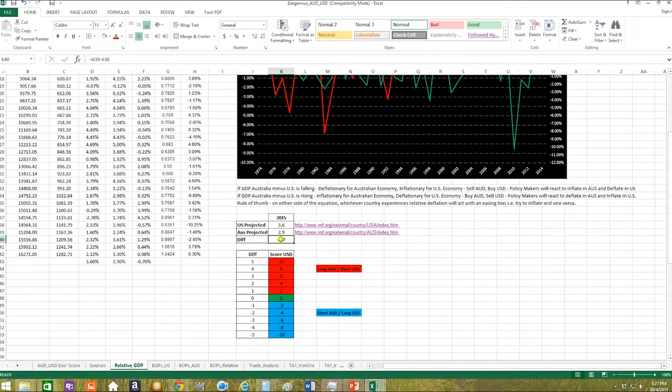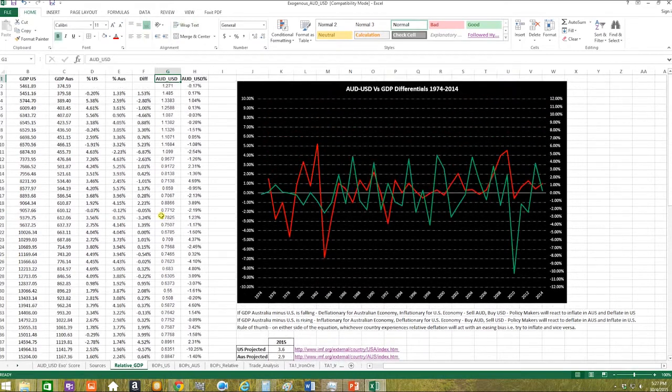Now, obviously that's narrowed since, so it's been rising. So just bear that in mind as we go back to the presentation, and we'll analyze this from the beginning of March 2015. And we'll go back to the presentation now and see how we build out our scorecard properly when we're looking at this.